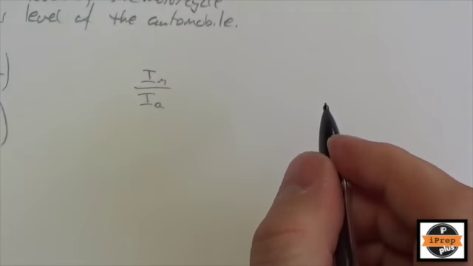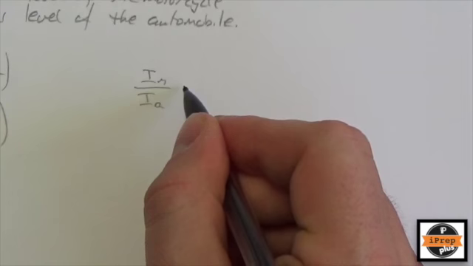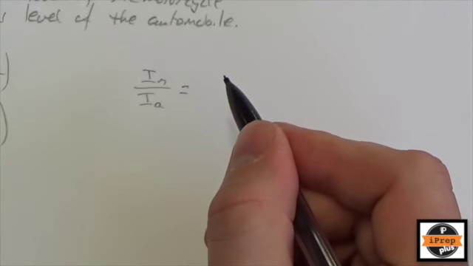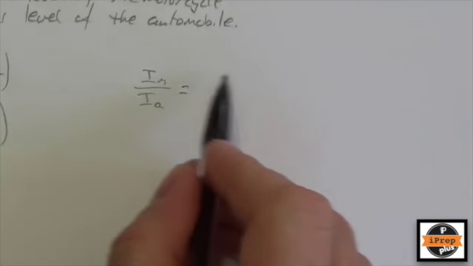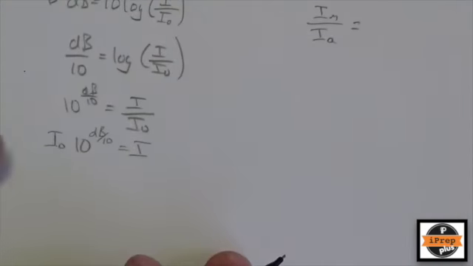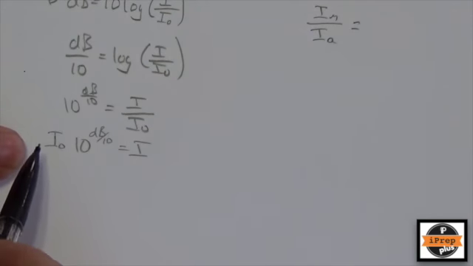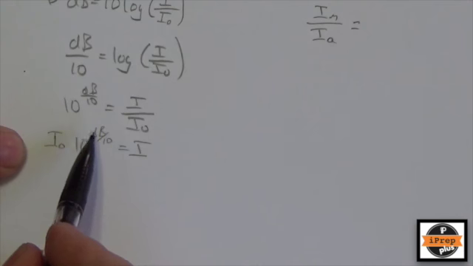Im over Ia. I'll deal with that in just a second. What we want to do is put in the intensities to simplify this expression. The intensity for the motorcycle is going to be the reference intensity times 10 to the decibel level of the motorcycle divided by 10.